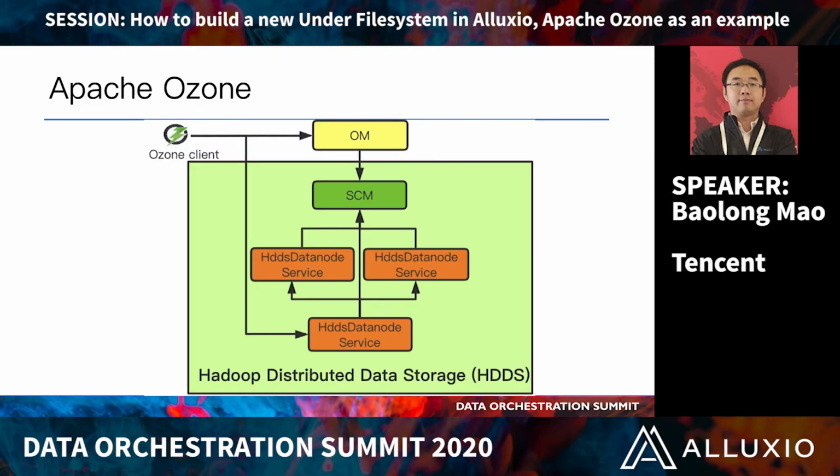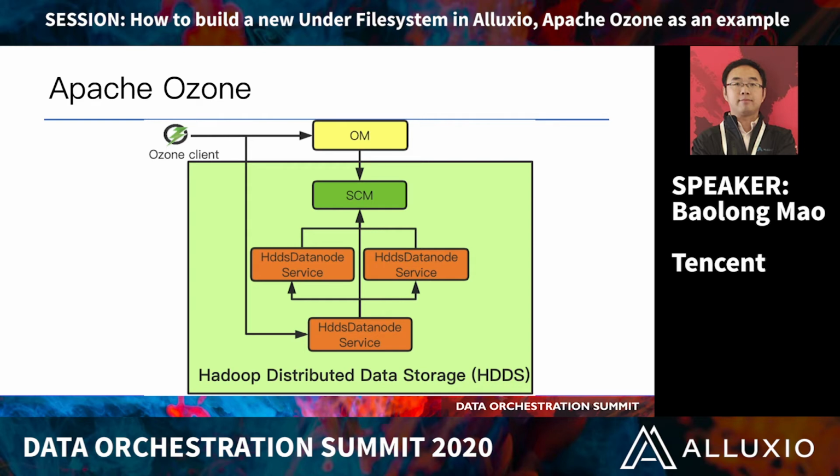These small rectangles in the big green rectangle are the core pieces of Ozone. We call it Hadoop Distributed Data Storage, HDDS. It is a common storage layer. The dark green rectangle SCM is the storage container manager. It maintains the block containers and the data nodes. The HDDS data node services are responsible for storing block data and supplying the data stream service.